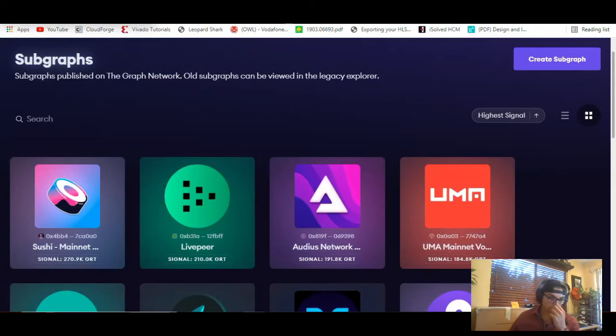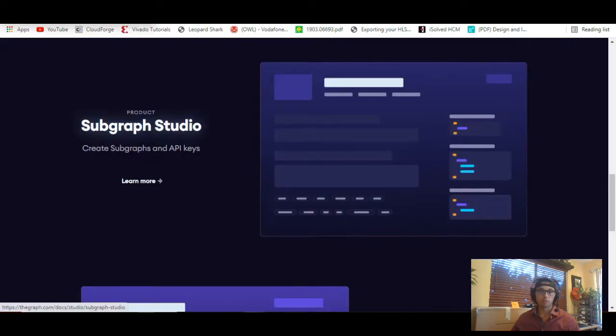I didn't expect some of these projects to be using this, but if we search here, this is the Graph Explorer that I just talked about, and then they have the Create Subgraph option, which will bring you to the Subgraph Studio. Why am I blinking so much today?